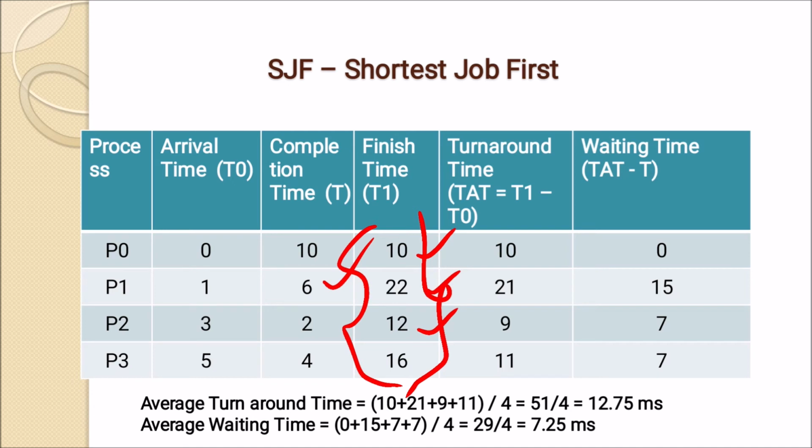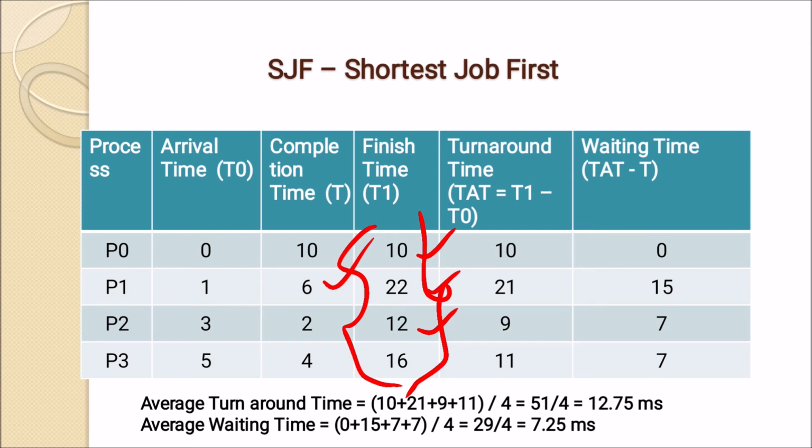So we have to be very careful in drawing the Gantt chart. So 10 minus 0 is 10, then 22 minus 1 is 21, then 12 minus 3 is 9, and 16 minus 5 is 11. So the turnaround times are 10, 21, 9 and 11 for processes P0, P1, P2 and P3.